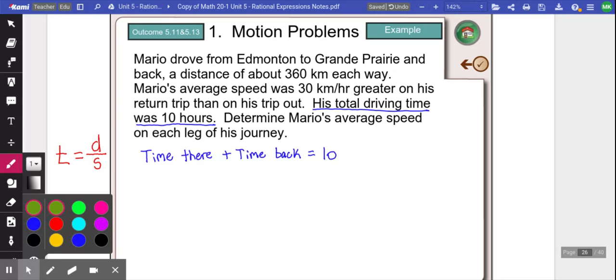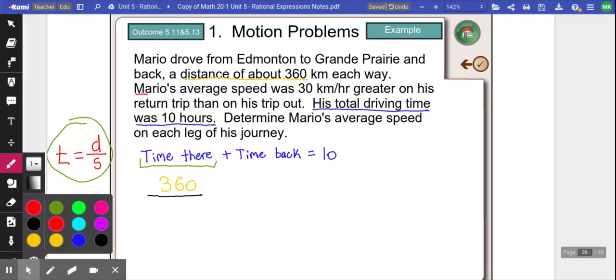Then I need to turn these into formulas using this. So I need to change time there into a formula using distance and speed. So my time there should have taken a distance of 360 kilometers divided by my speed there. My speed there, they never actually tell me.